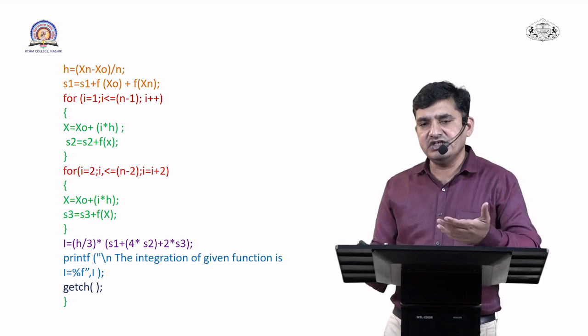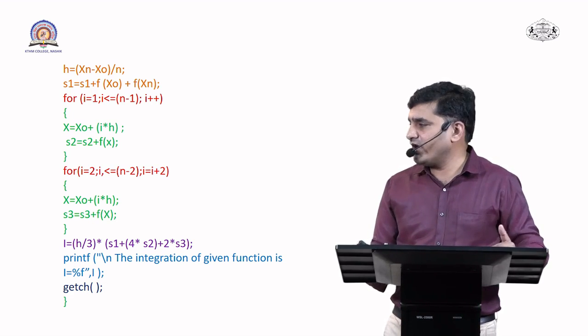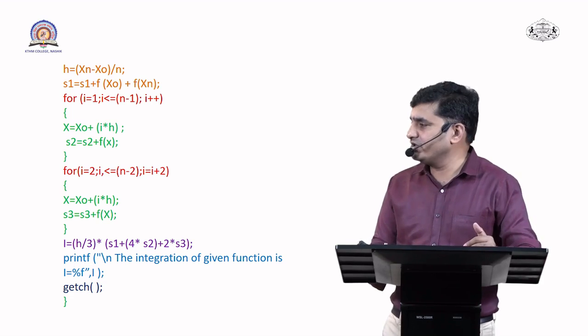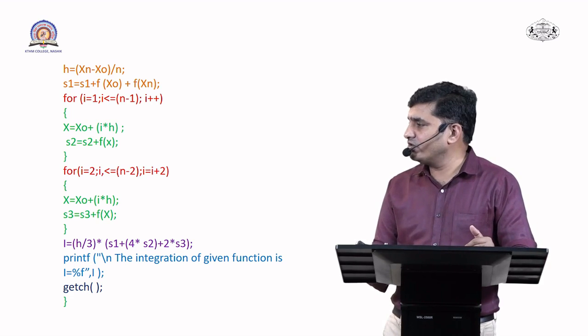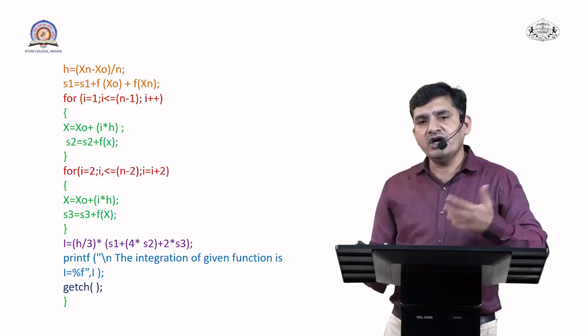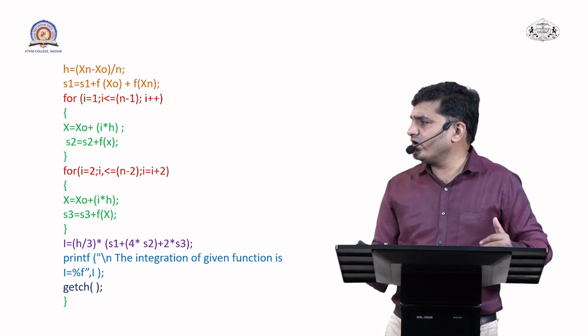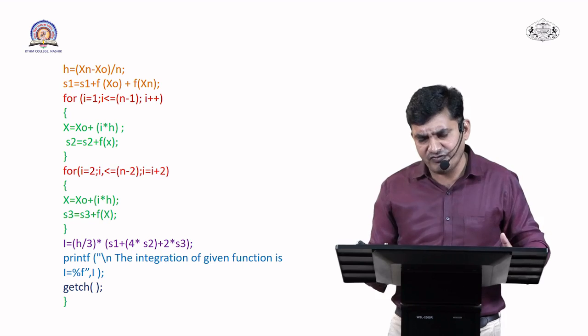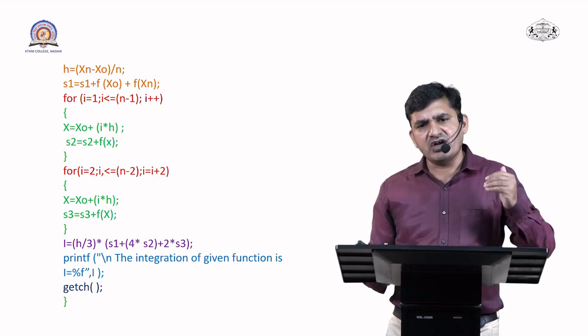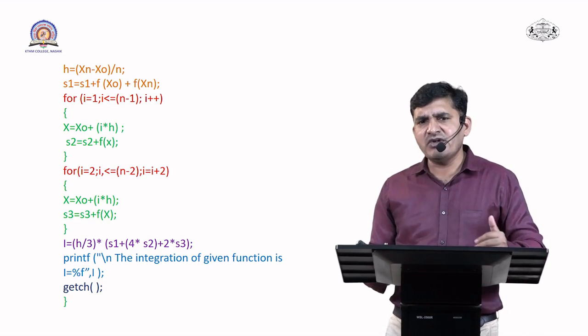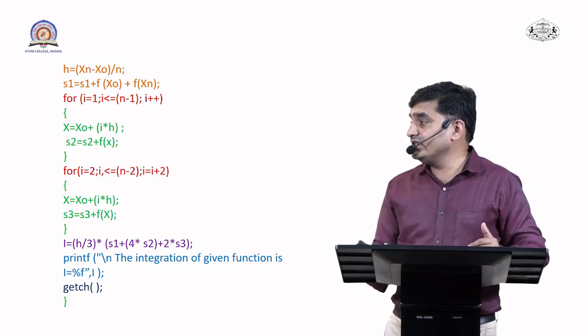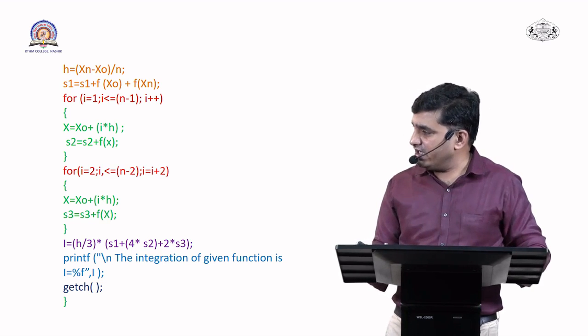So this value of the upper limit is given to the computer by using this input function. Now we have to enter the value of n, the number of strips or number of iterations, so the message displayed on the screen is enter the value of n.